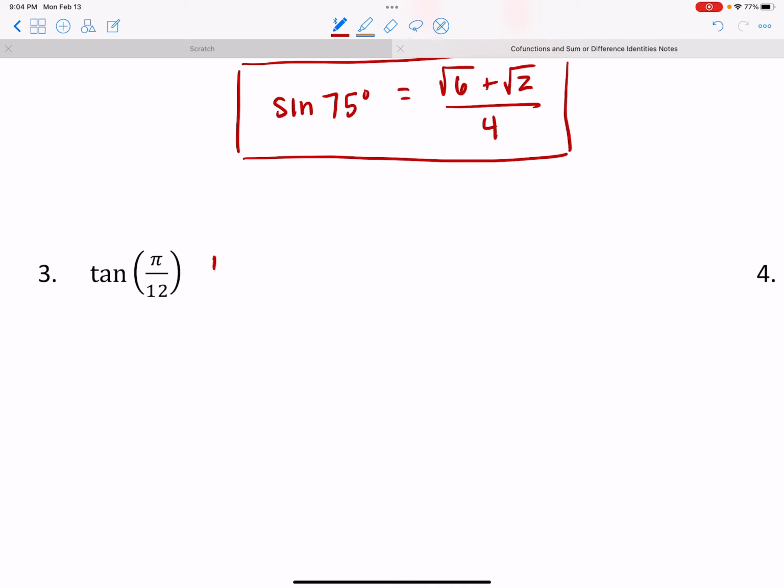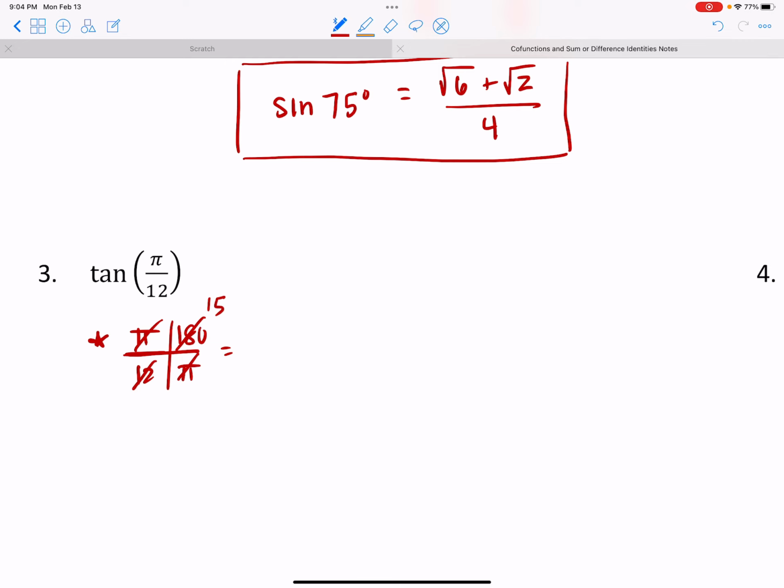If I have pi over 12 radians and I want to make it degrees, remember I could multiply by 180 over pi. So those would cancel. 12 is going to go into 60 five times.